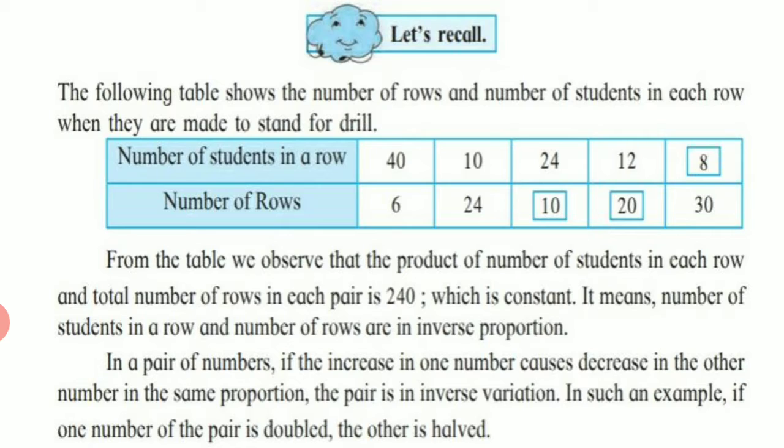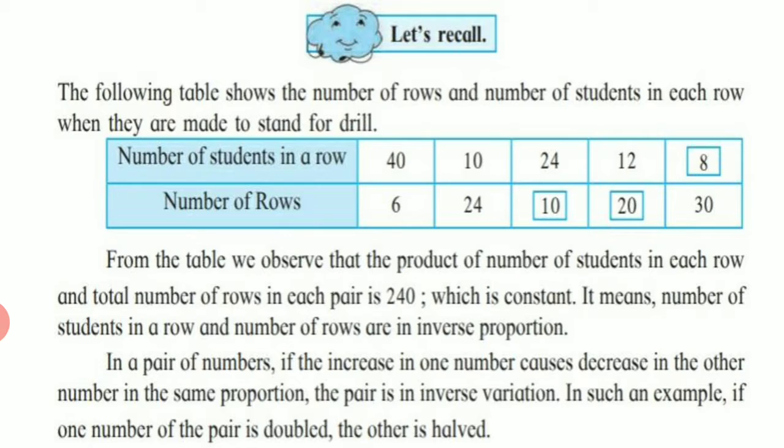The number of students in a row is equal to 40. Then 6 rows are formed. If we put 10 students in a row, then the rows are 24. If we put 24 students in a row, then the rows are 10. If we put 12 students in a row, the rows are 20. If we put 8, the rows are 30.